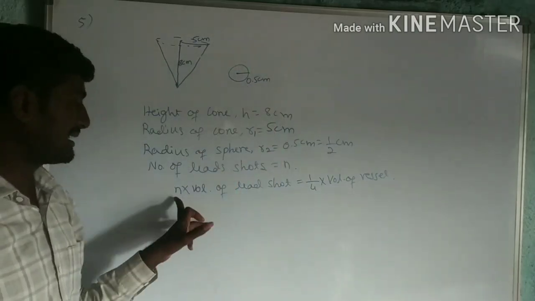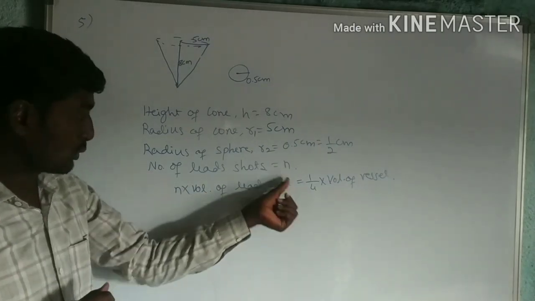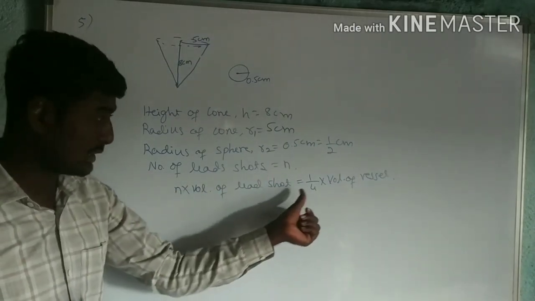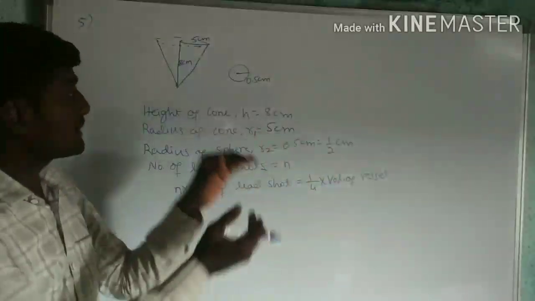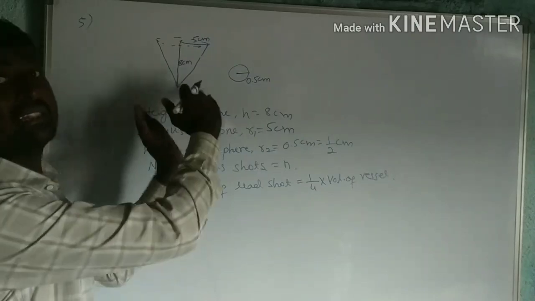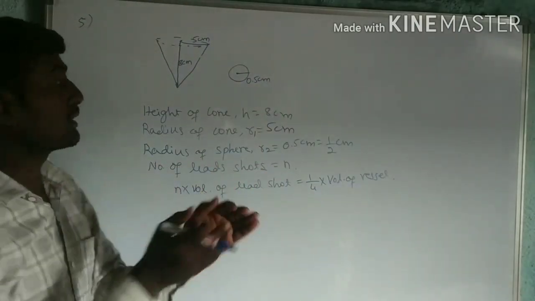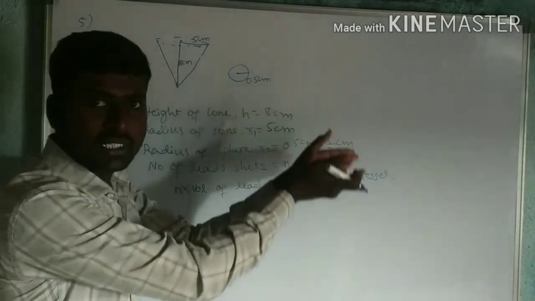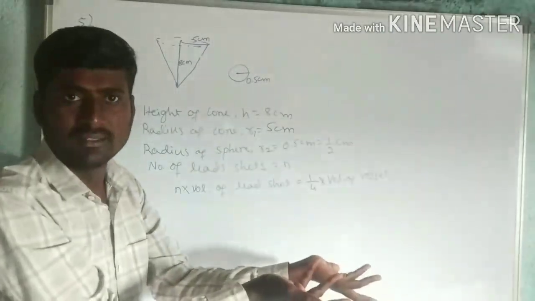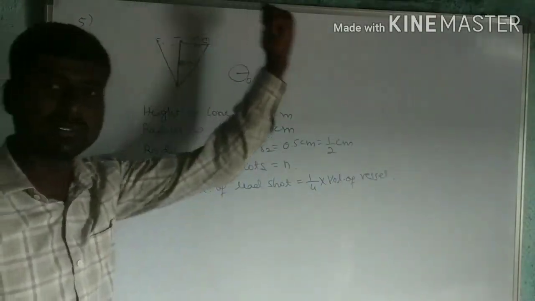So total volume of the spheres is equal to 1/4 of the volume of the vessel. How much volume you add into the water, that much water will come out. If you add 20 centimeter cube volume of lead shot, automatically the same volume of water will come out. This is action and reaction.